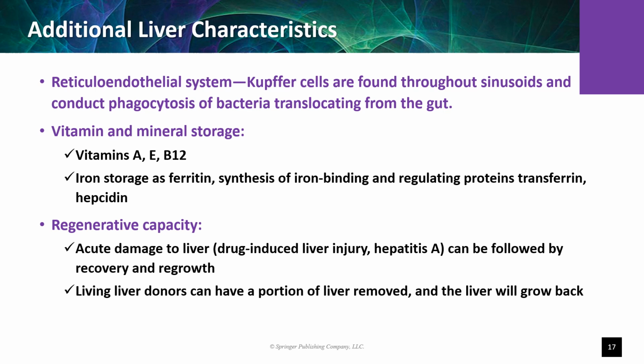The liver is responsible for maintaining systemic iron homeostasis, and it also synthesizes hepcidin, a plasma protein that blocks cellular transport of stored iron back to circulation, thereby decreasing circulating iron levels.